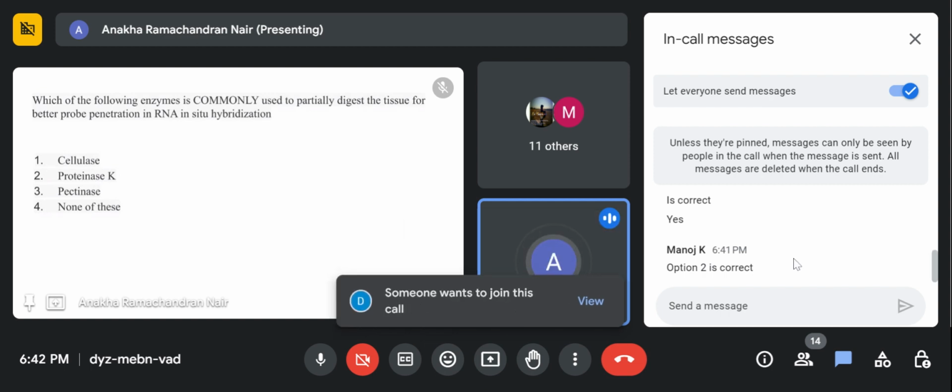All right, there is one in the chat saying option 2 is correct. Anyone else thinks it's a different answer?